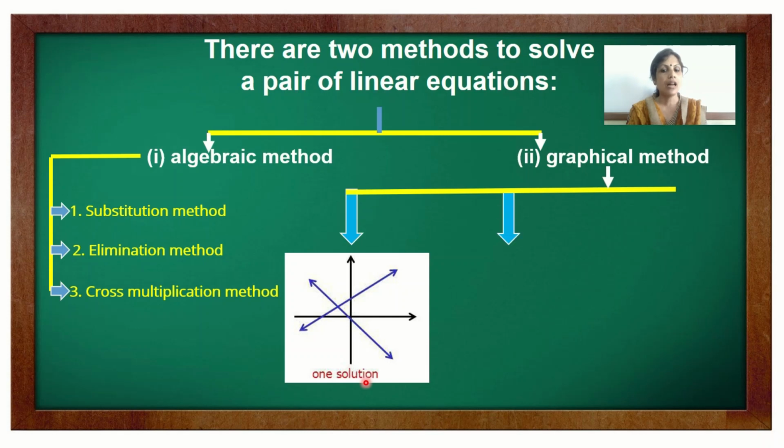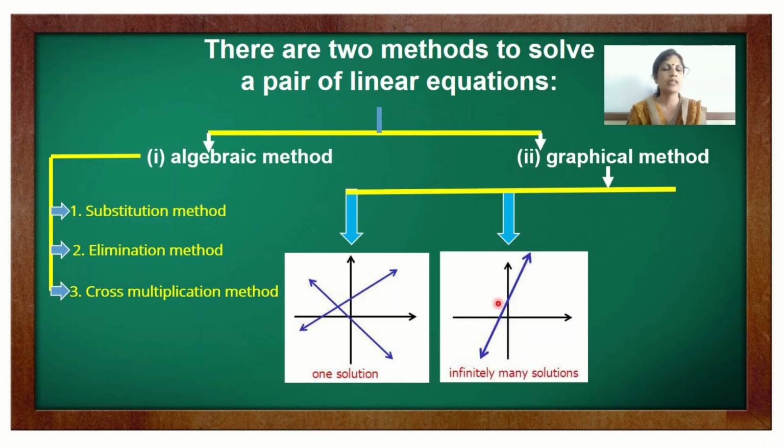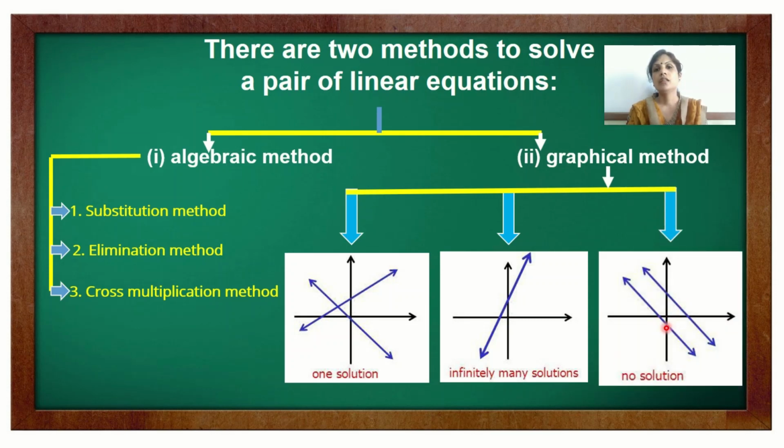Now if the graph looks like this, wherein the lines overlap each other, they coincide with each other, that means the pair of linear equations has infinitely many solutions. And the third is, you may get a graph of this type where the two equations represent two parallel lines. This represents that for this pair of linear equations there is no common solution. Alright, so this is called the graphical interpretation of linear equations in two variables.